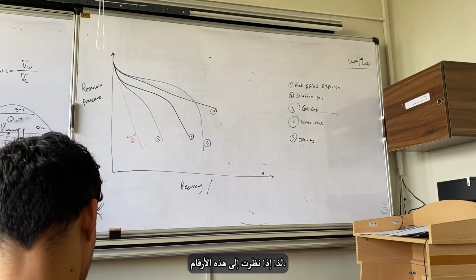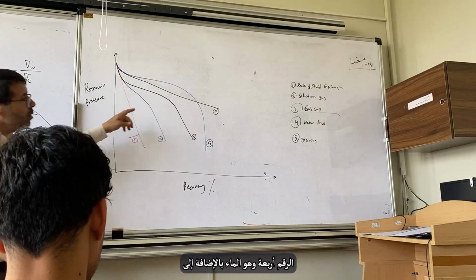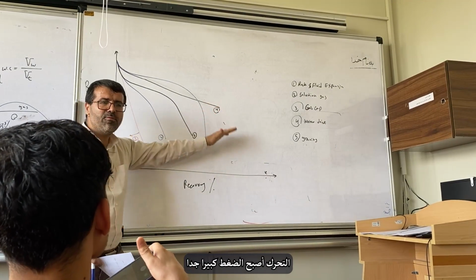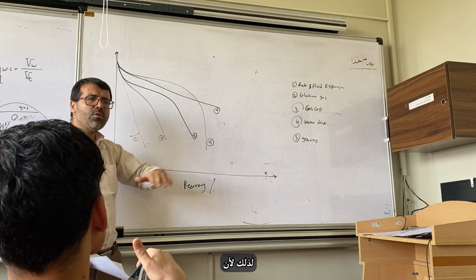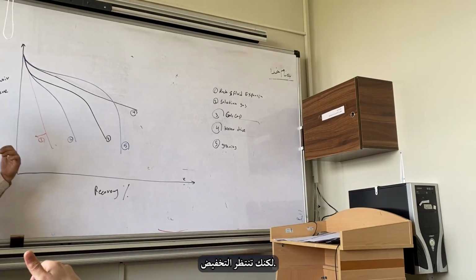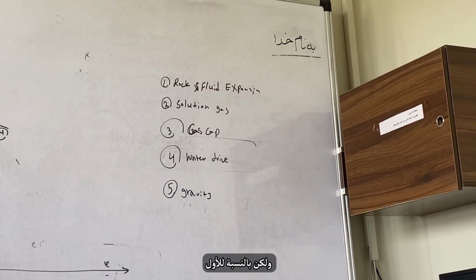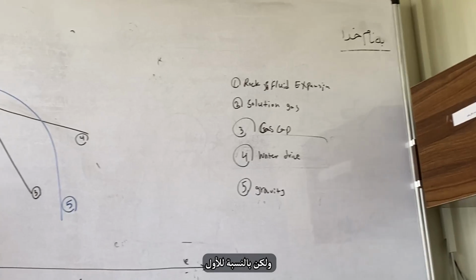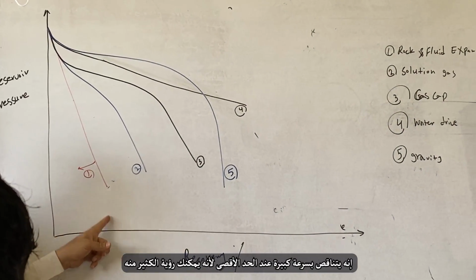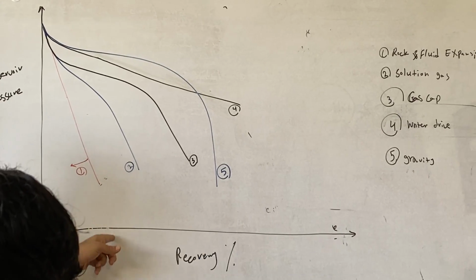So if you look at these ones, number four, which is the water drive, the pressure doesn't come very much below, because you have a very big aquifer, it's going to compensate for the energy loss that you have by the production. But for the first one, which is the rock and fluid, remember, it decreases very fast. But the maximum recovery you can get is here, very small recovery.